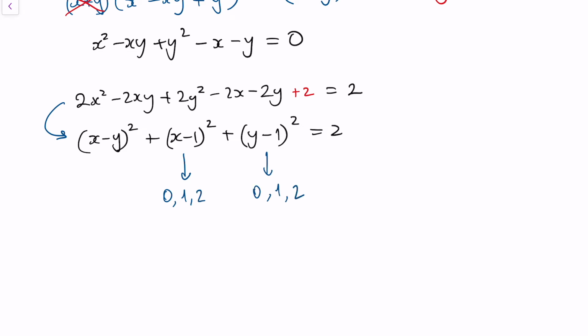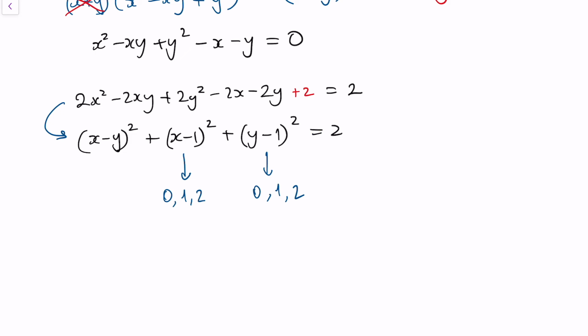The reason is that if x is 3, you will have 3 minus 1 squared, which is 4, and you're adding two other terms that are both squared and therefore non-negative. So it will certainly be bigger than 2, and we want it to equal 2. The same argument applies to y.